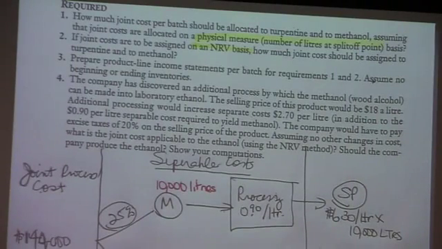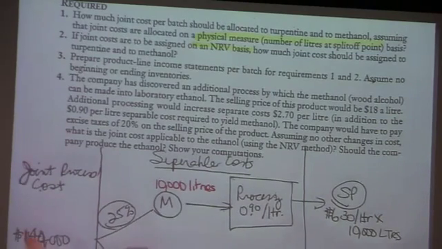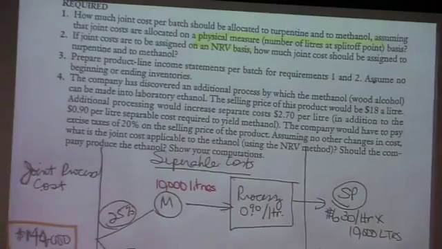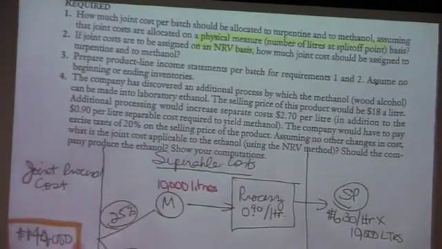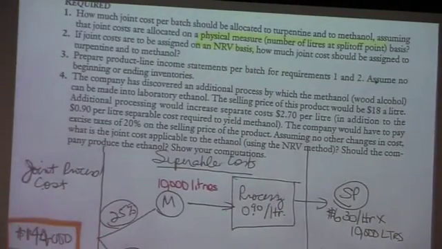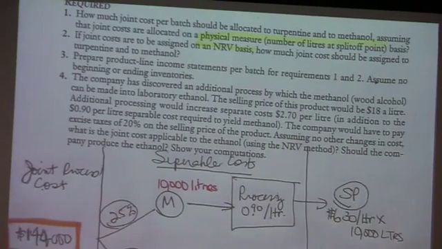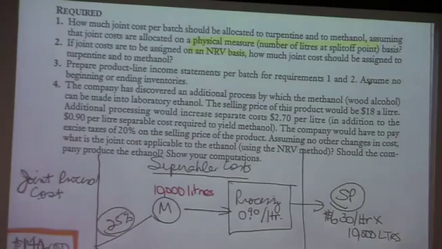So the key is that we need to be able to determine how much of this 144 gets split out. Because that's the point, right? The objective is we want to understand the profitability and the cost structure of both products separately. And this is a joint cost that we need to be able to allocate separately.